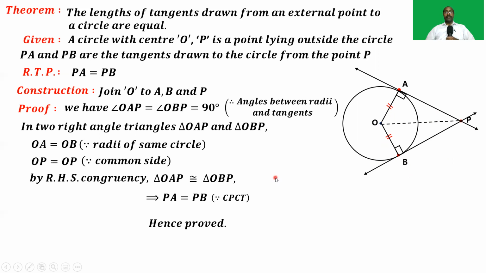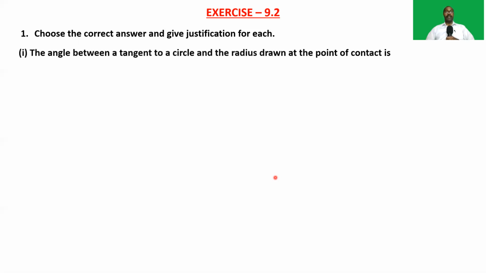And let's solve some problems in exercise 9.2. The first one is choose the correct answer and give justification for each. The first question is: the angle between a tangent to a circle and the radius drawn at the point of contact is 60 degrees, 30 degrees, 45 degrees, or 90 degrees.